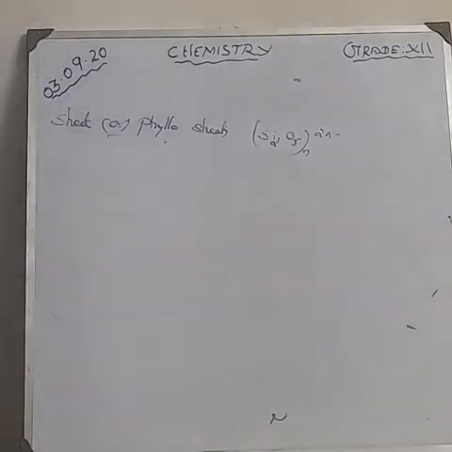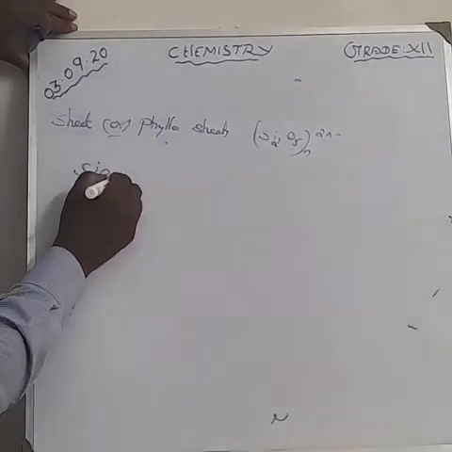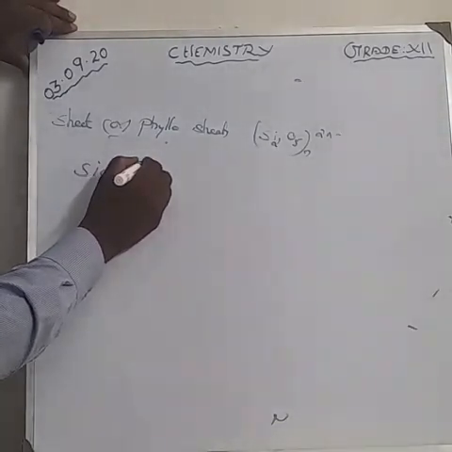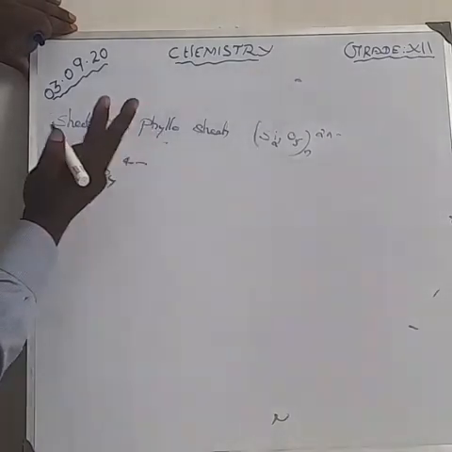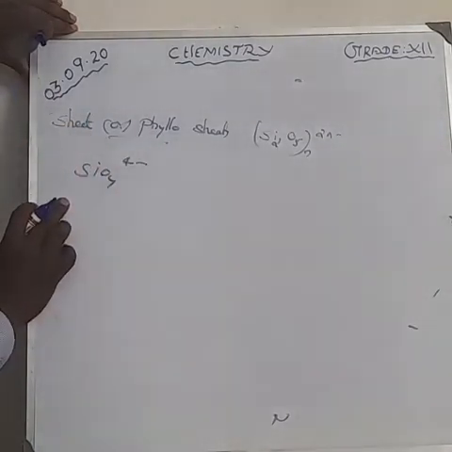Here each silicate ion, that is each SiO4 minus tetrahedral unit, will share 3 oxygen atoms with others, forming a 2-dimensional sheet.